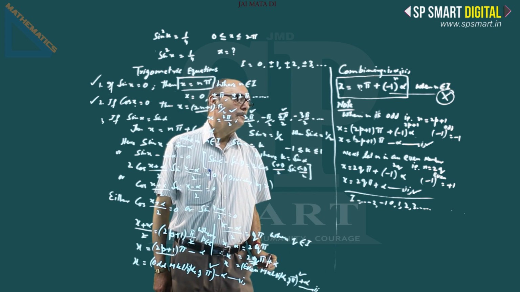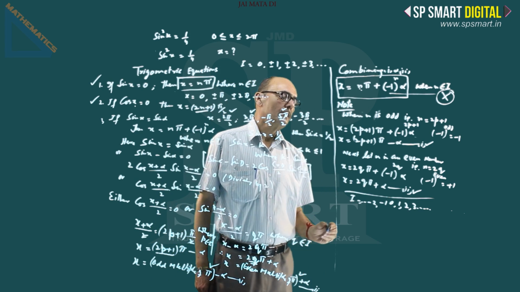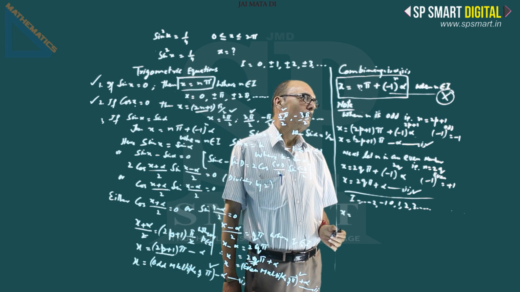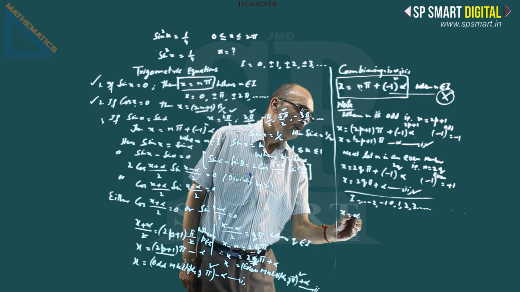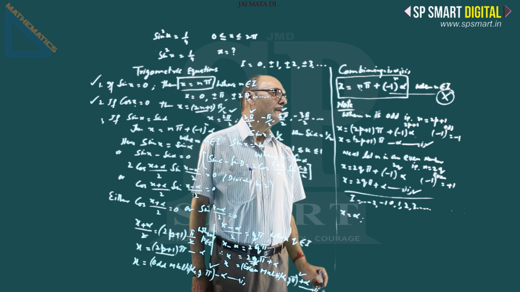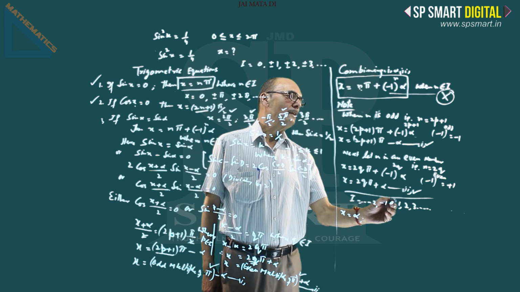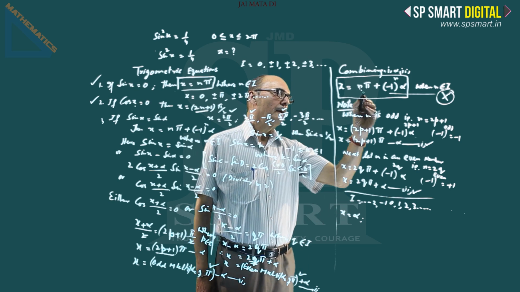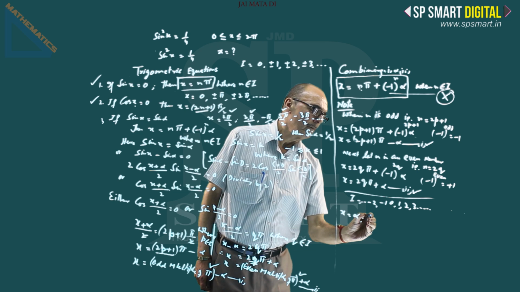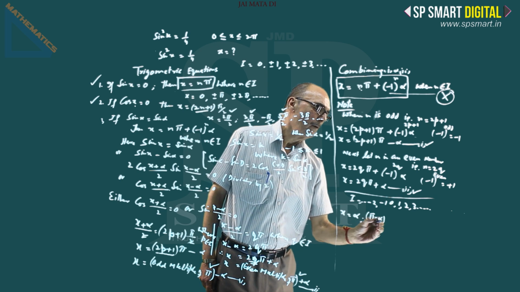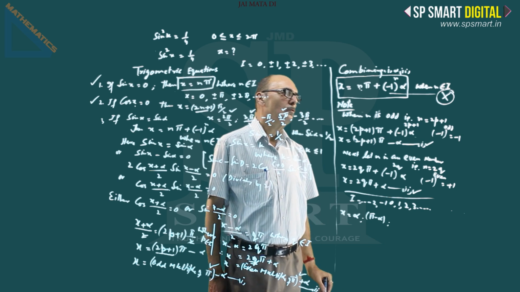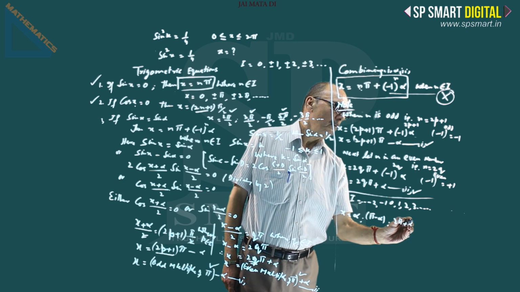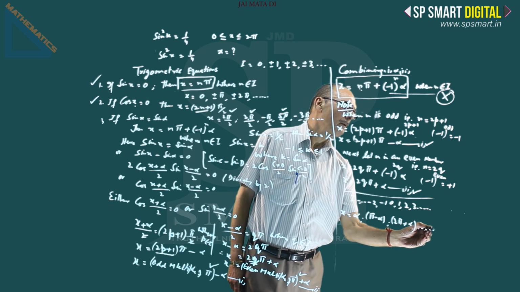If you substitute the values in this formula, put n equal to 0, this is alpha; n equal to 1, we get pi minus alpha; put n equal to 2, so 2 pi plus alpha, and so on.